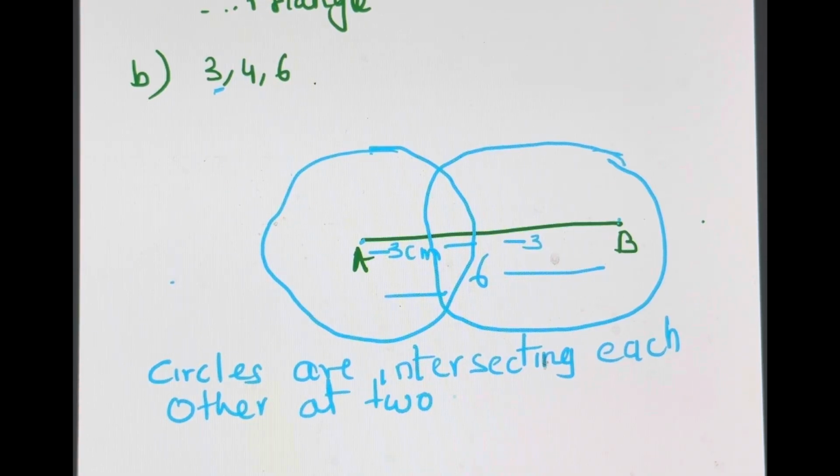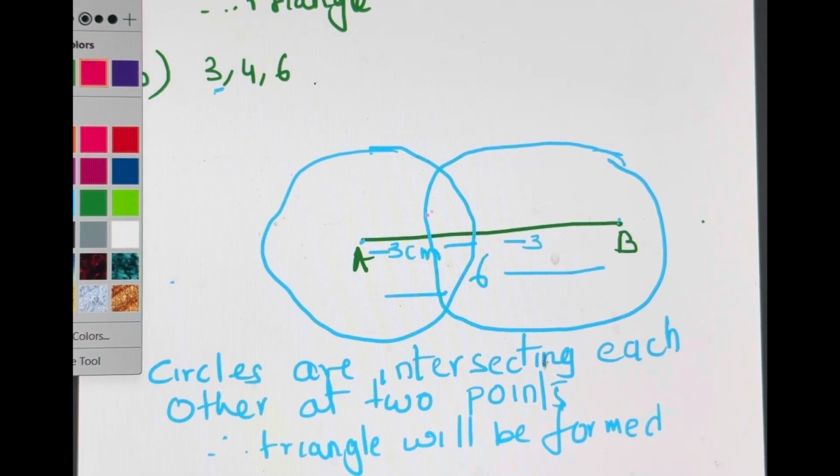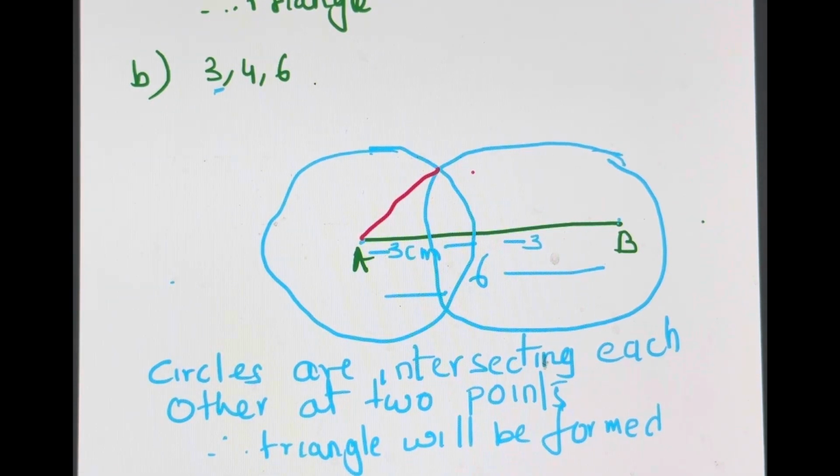So therefore, triangle will be formed. Right, so this way, like what we did in the construction, you can just make a straight line here and here. So this will be 3 centimeter, this will be 4 centimeter. So the triangle will be formed.